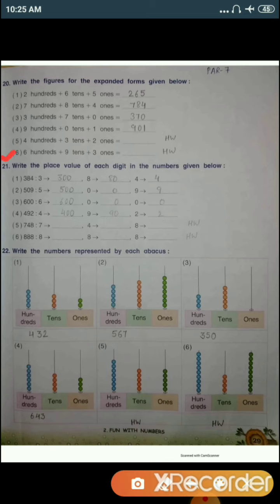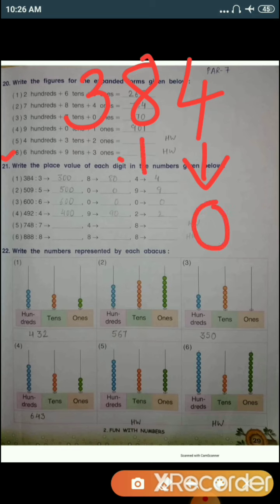Now question number 21. Write the place value of each digit in the numbers given below. Now first one is 384. So with the help of place value we need to convert this number into its place value form. So 4 is on ones place, 8 is on tens place, and 3 is on which place?